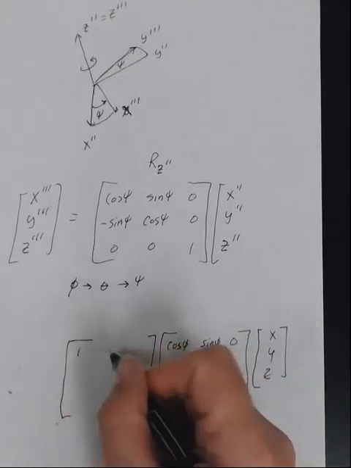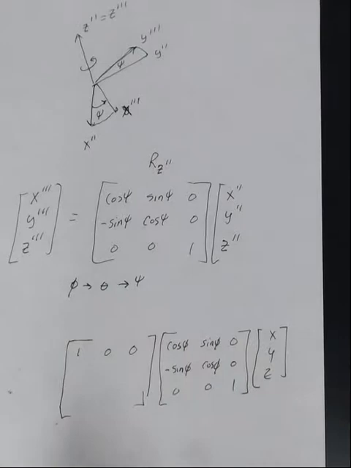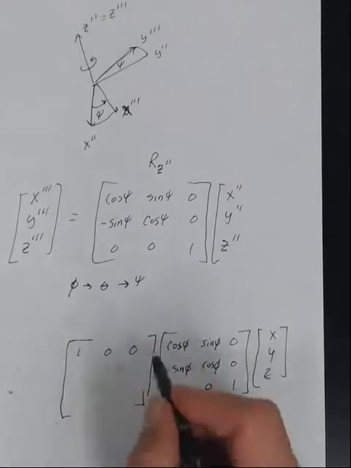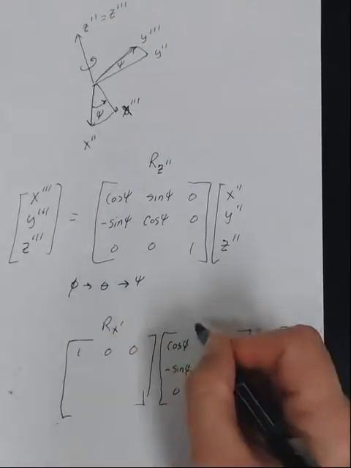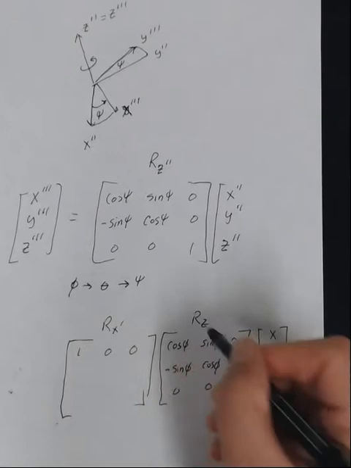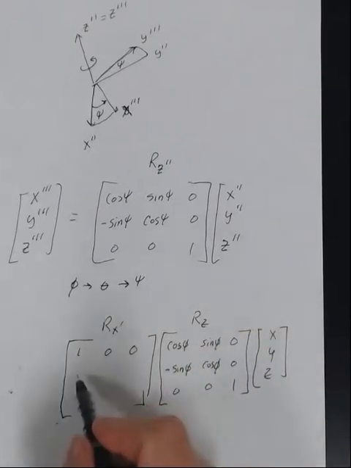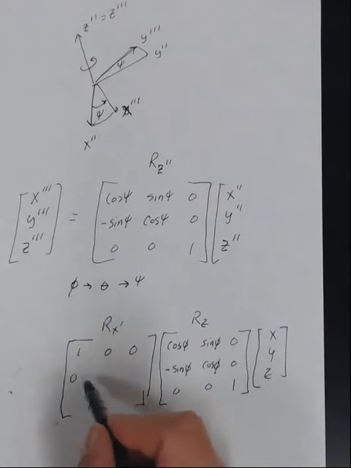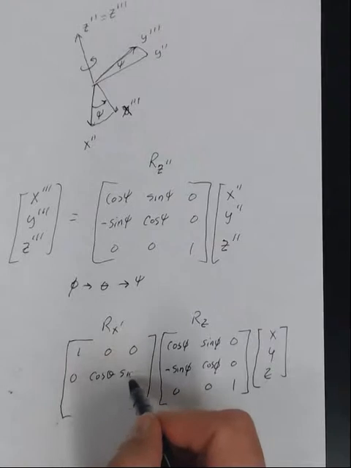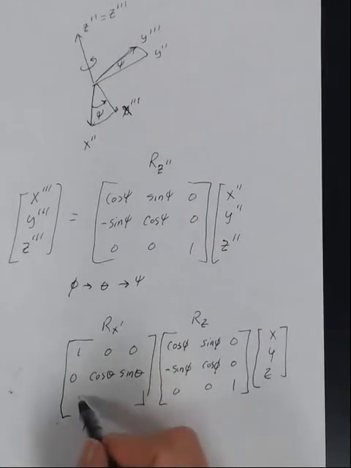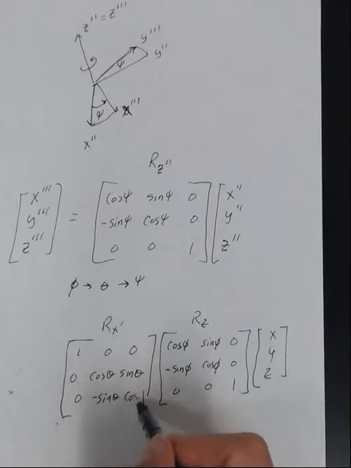We had 1, 0, 0. This was rotating around the x prime. This was R x prime. And then this one is 0, cosine theta, sine theta, and 0, negative sine theta, cosine theta.